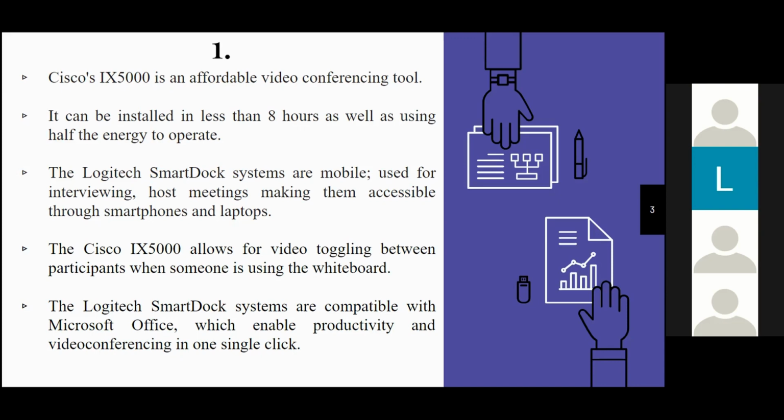While the Logitech Smart Dock systems aren't attached to conference rooms permanently, they can conduct candidate interviews, hold meetings and other activities because they are mobile. Through the Microsoft-owned Skype for Business, it is connected to Surface tablets and is compatible with Microsoft applications such as Microsoft Office.